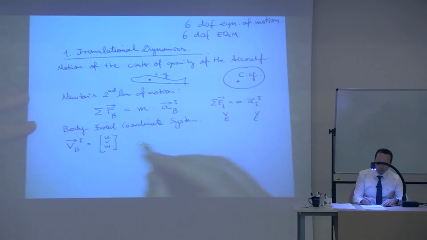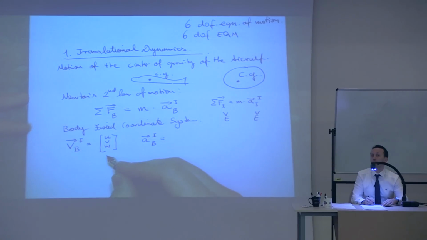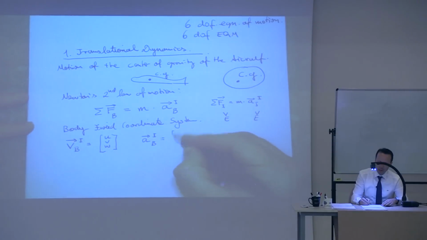So, what would be the acceleration of the aircraft with respect to the inertial frame, but written in the body axis system, if I want to use the Coriolis theorem and use this velocity? I think we wrote this last time.